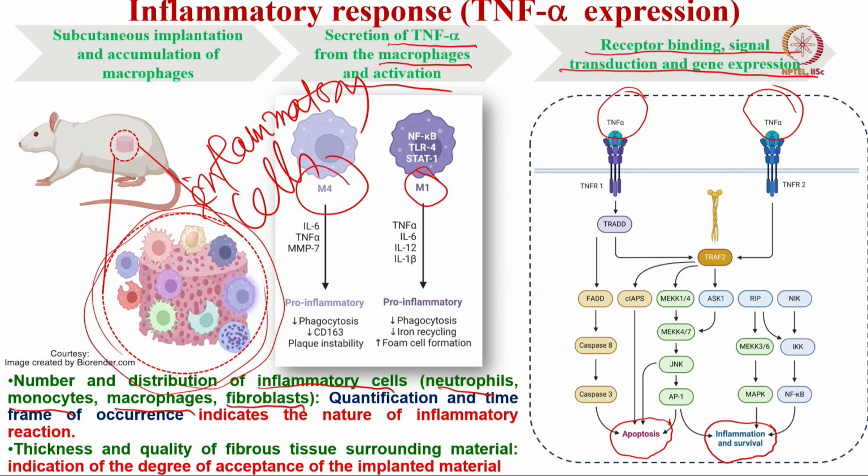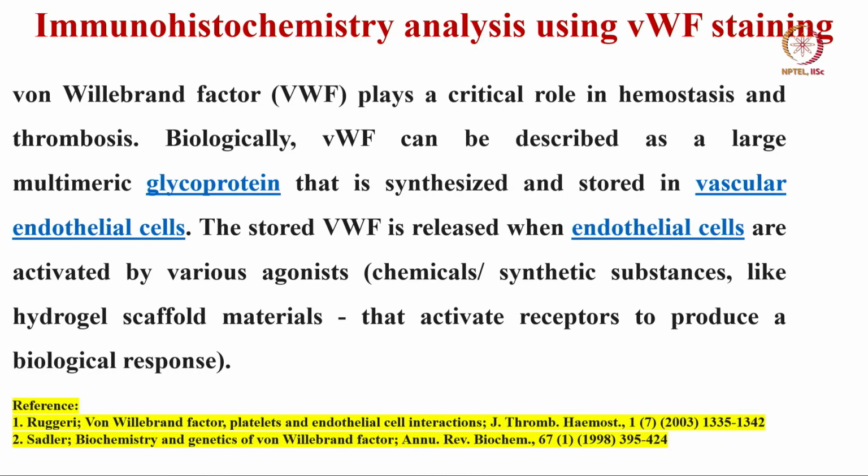And second, in the case of fibrous tissue formation, what is the indication of the degree of acceptance of the implanted material. Another staining that we use is called VWF staining, that is von Willebrand factor.